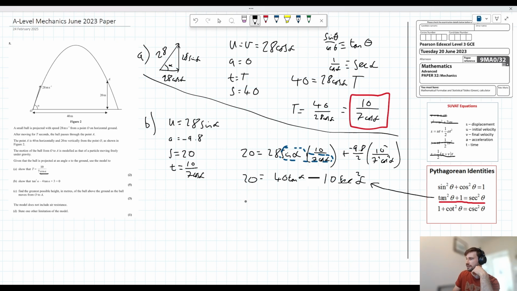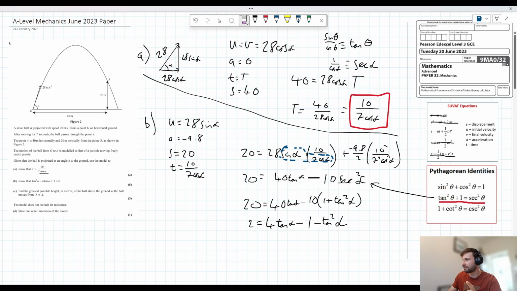Let's go ahead and do that. So that's going to be 10 times 1 plus tan squared alpha. Let's write this all out again. Okay, I'm going to divide both sides by 10 here. So I'm going to say I have 2 equals. I noticed I made a little mistake here.